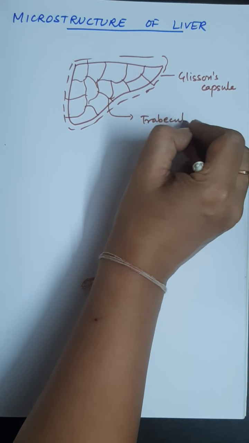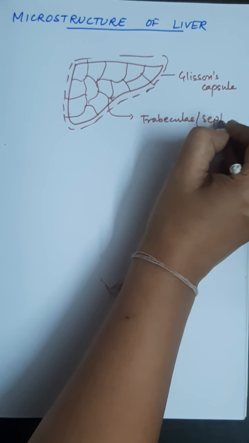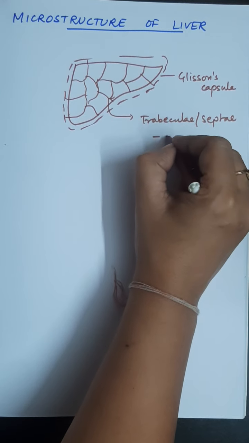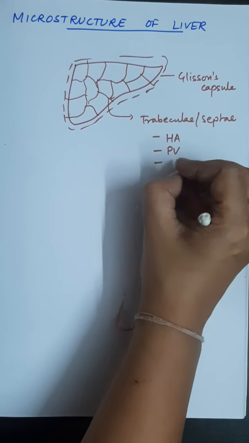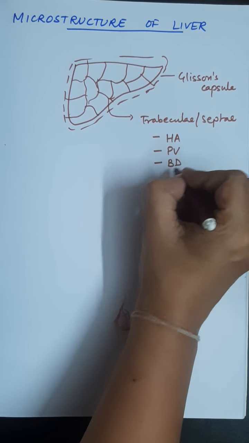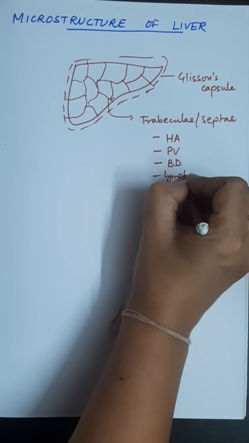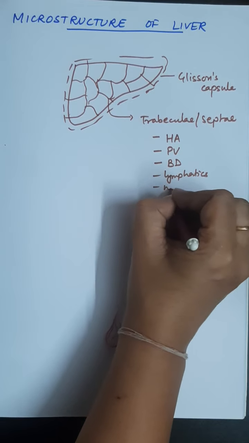So these are trabeculae or septi, and along these trabeculae and septi, branches of hepatic artery, portal vein, bile ductules, lymphatics and nerves traverse.